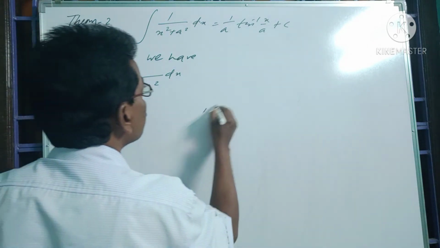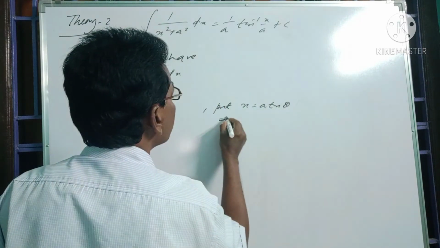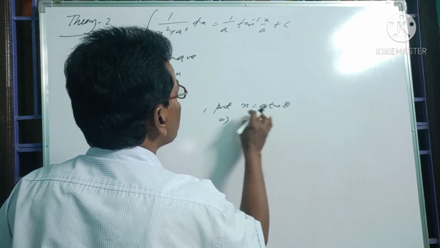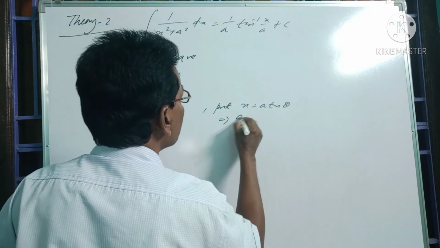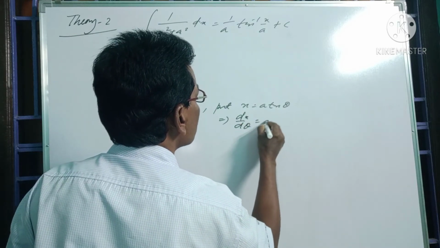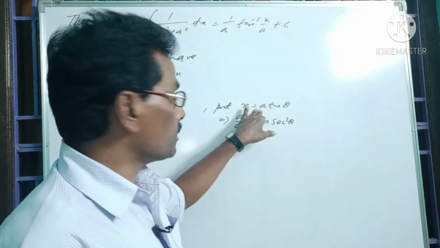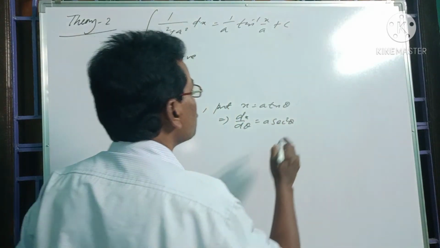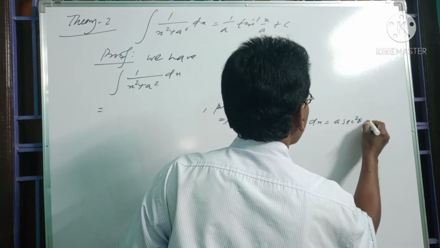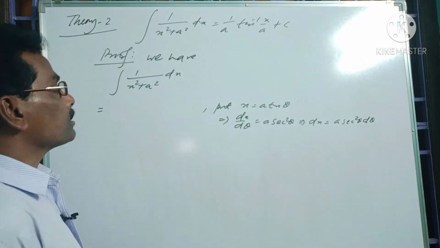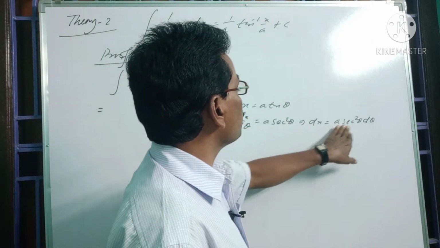So putting x is equal to a tan theta, where x is a function of theta, differentiating x with respect to theta gives dx by d theta equal to a into sec square theta, because a is a constant and the derivative of tan theta is sec square theta. So dx is equal to a into sec square theta d theta.